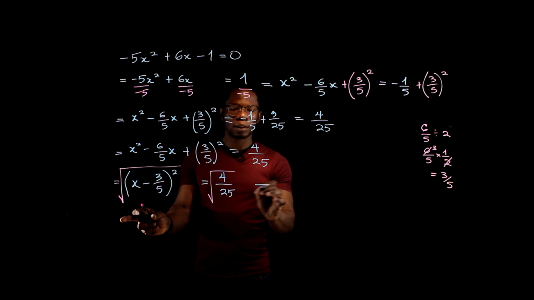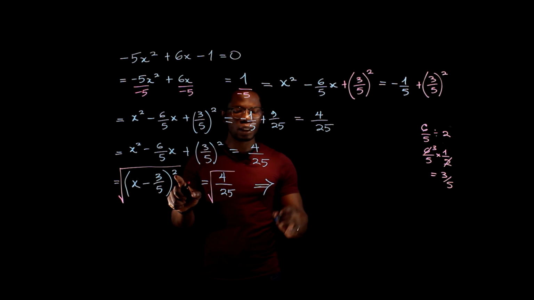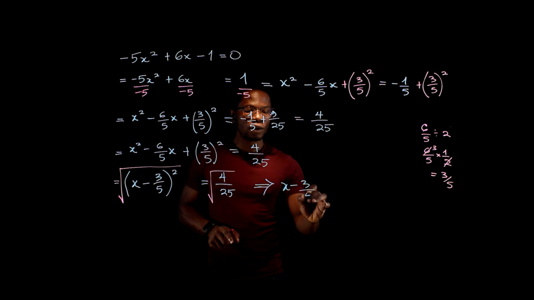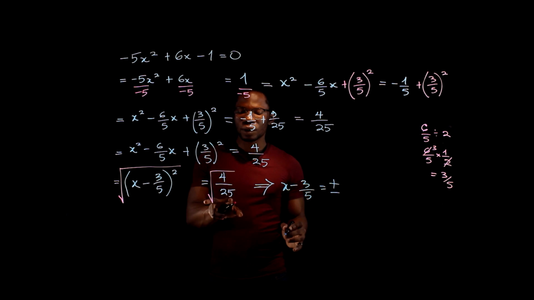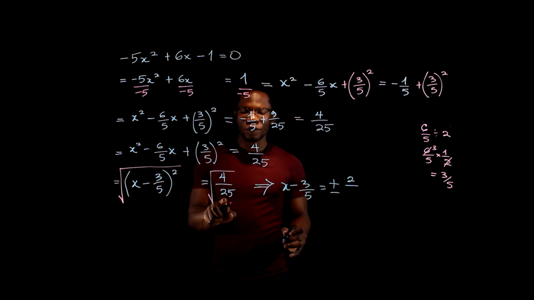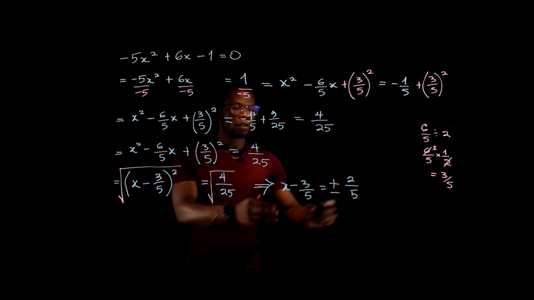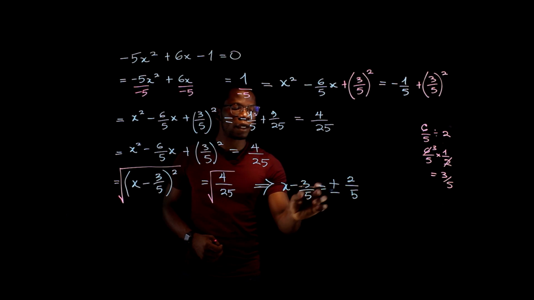If we do that, our equation then becomes: the square root sign cancels out the square sign here. So we have x minus 3 over 5, and that is equal to plus or minus, the square root of 4 here is 2, and the square root of 25 is 5. So from here we can make x the subject of the formula by adding 3 over 5 to both sides of our equation.